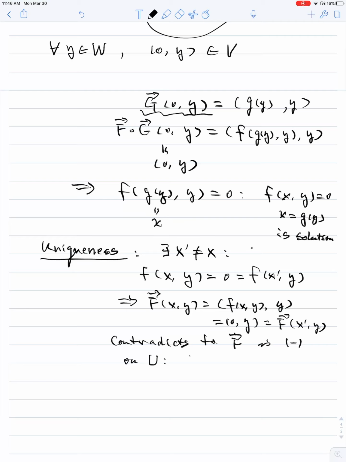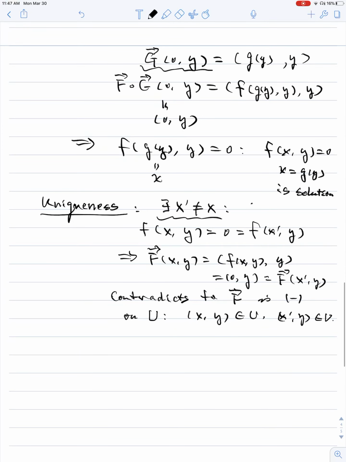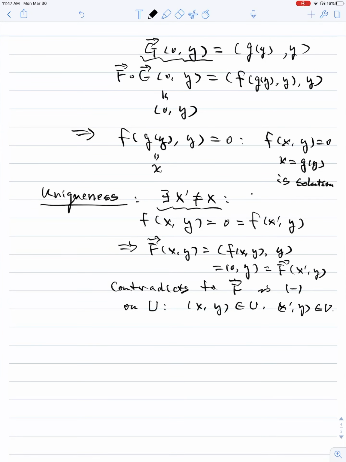Both (x, y) and (x', y') are in U, by the assumption. So that means this cannot happen, so this must be 1-to-1. All right, we have now proved the first part.